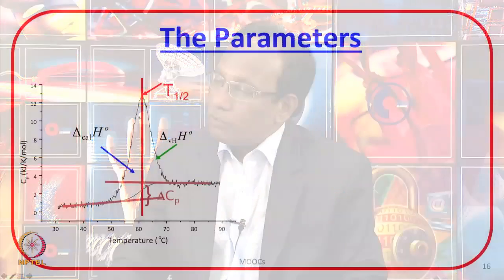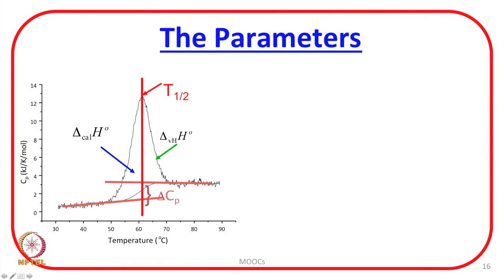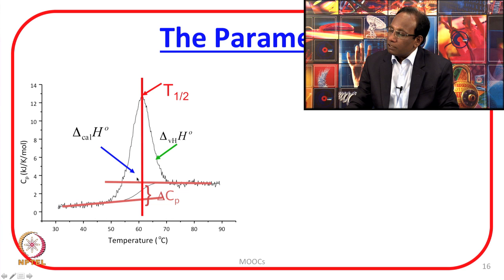This is the output, Cp versus T, and I just discussed with you how we get the calorimetric enthalpy. This is the area under the curve, and if the transition is symmetric, then the midpoint is either called Tm or it is called T half. Why it is called Tm and T half, I will discuss with you in detail.